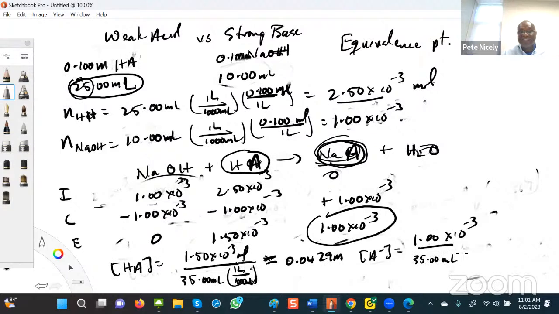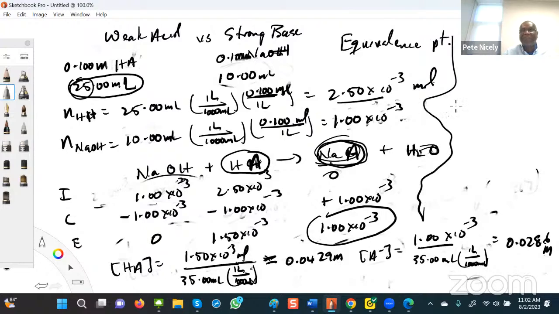Again, convert to liters, 1 liter over 1,000 mL. And according to my calculations, let's see what this gives. Okay, I got 0.0286 M, all right?